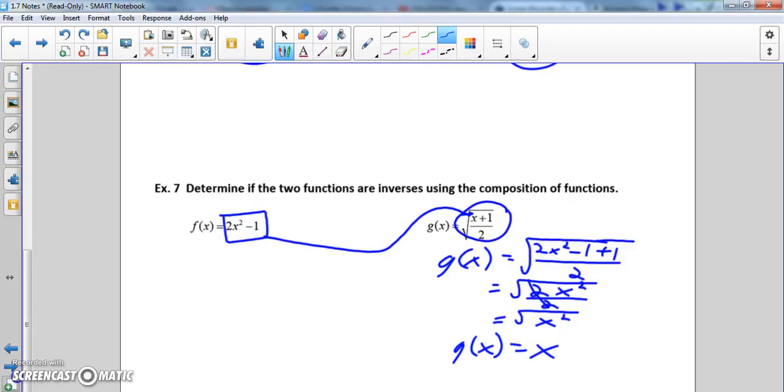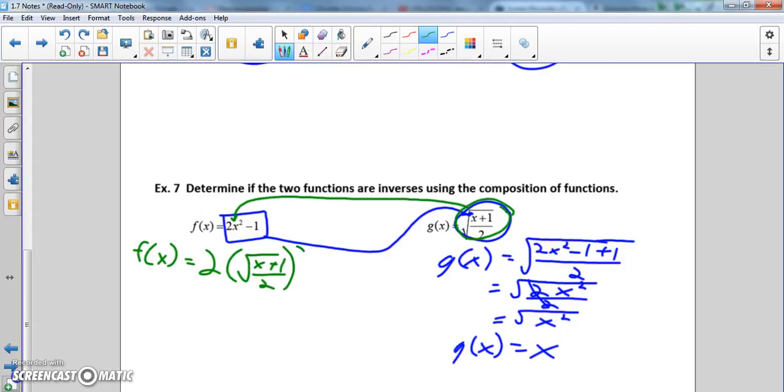Now we're going to take this one and plug it in right here. So f of x equals 2 times (the square root of (x plus 1) divided by 2) squared minus 1. Well, remember, when you square a radical, it goes away.